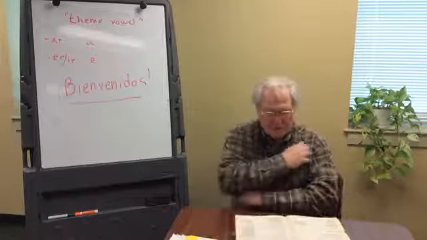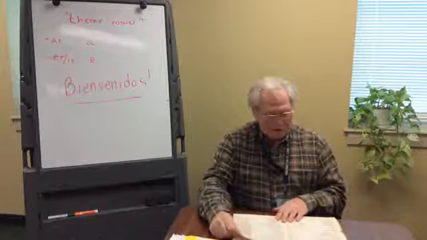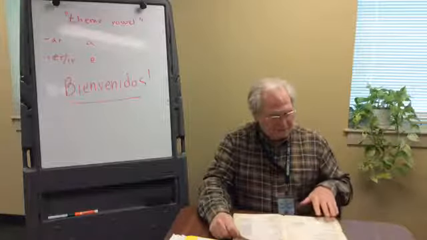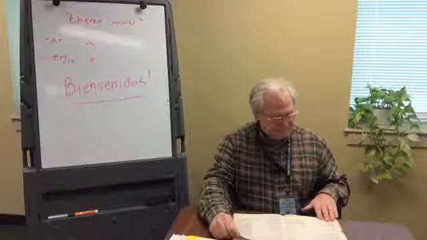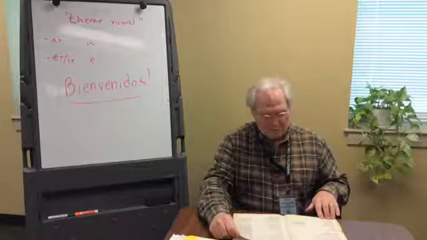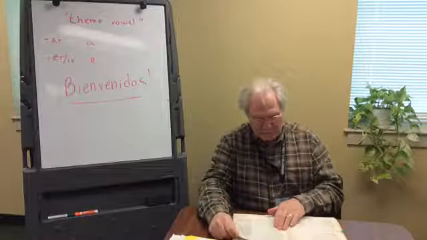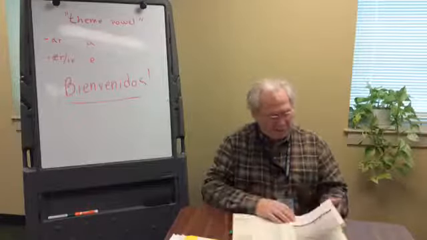They start out by dividing it between the ustedes, and I'm not quite sure why they started with the plural. And then they do nosotros, and then they do the tú.